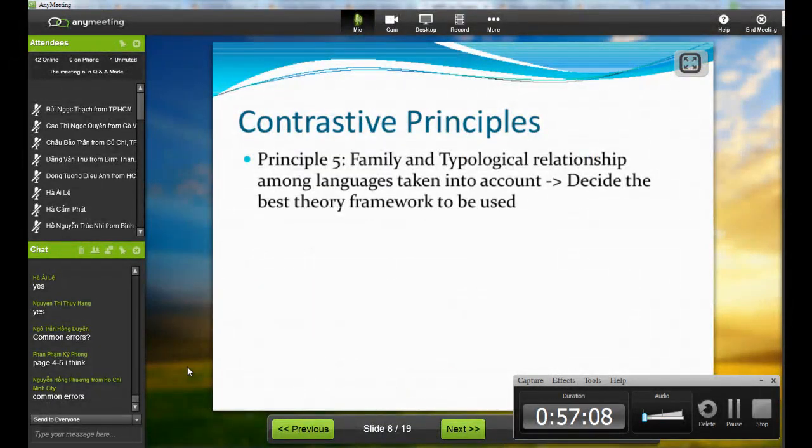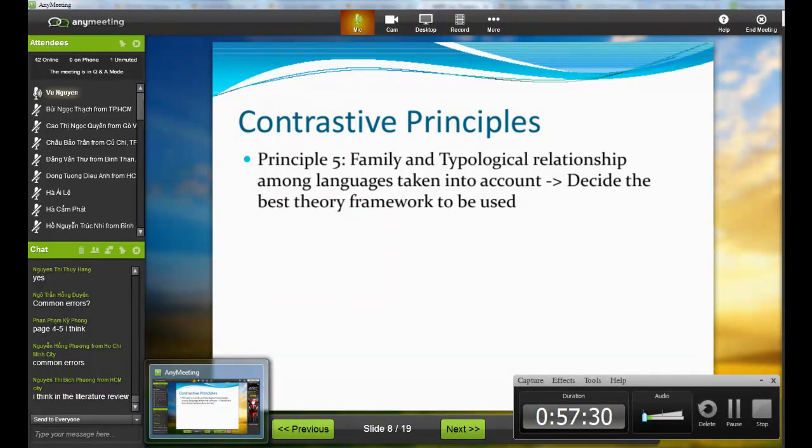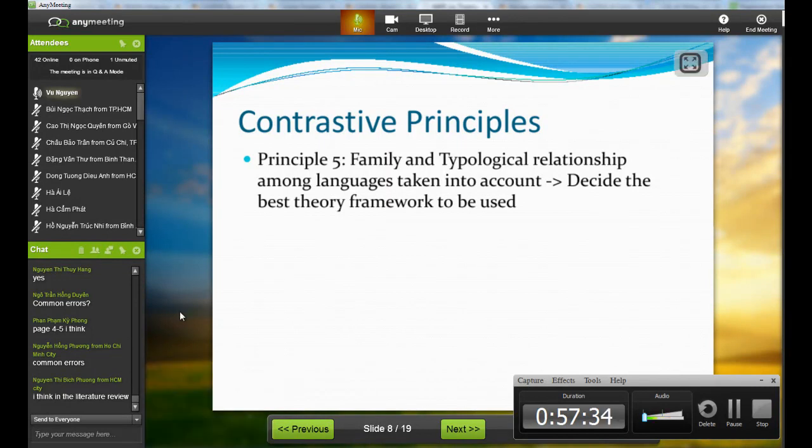Now, actually, she refers to the typological differences between English and Vietnamese in a variety of parts, but it's most notable in the discussions of literature review, yes, and then on pages 4 and 5 when she discussed word formations.